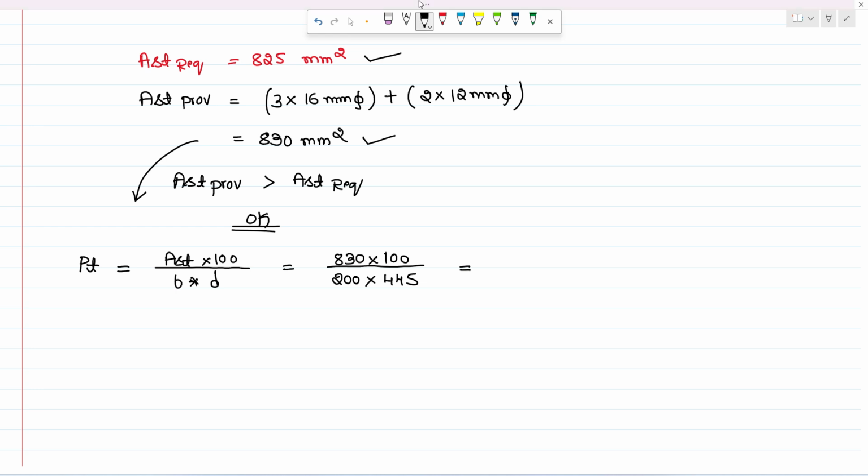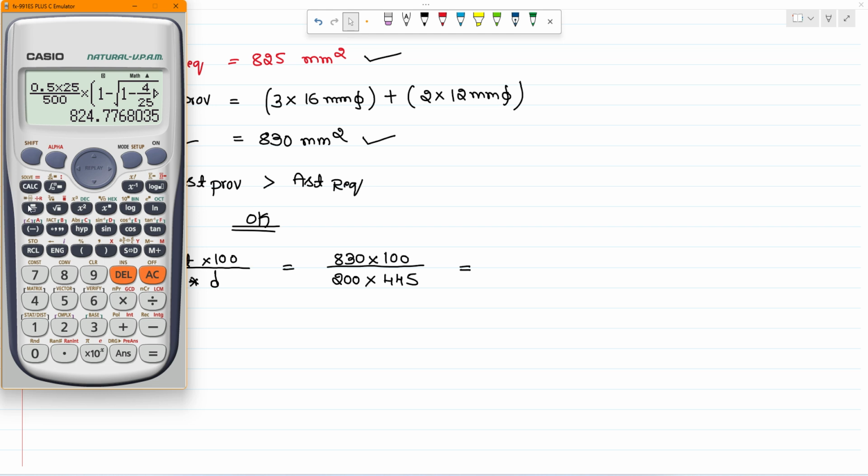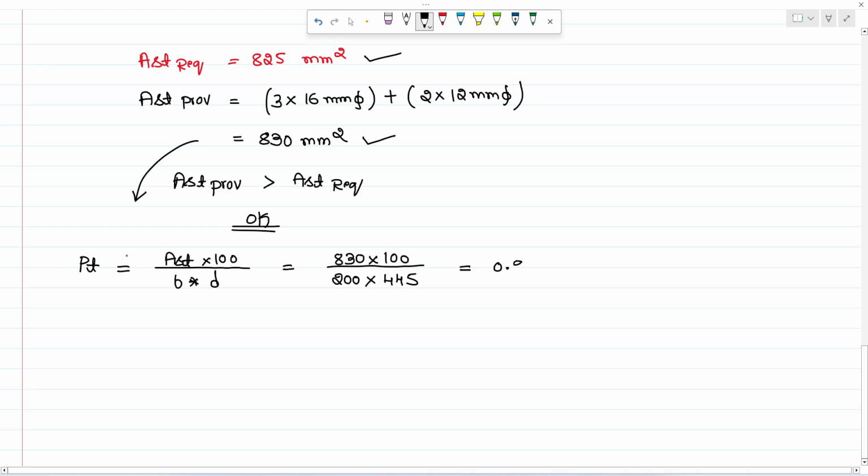So percentage of steel PT, 830 multiplied by 100 divided by 200 into 445. So it is 0.93%. It is the percentage of steel provided.